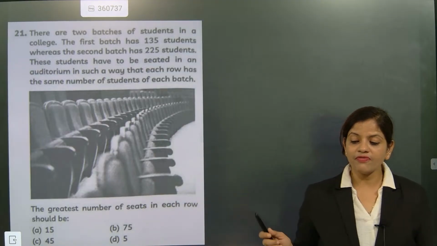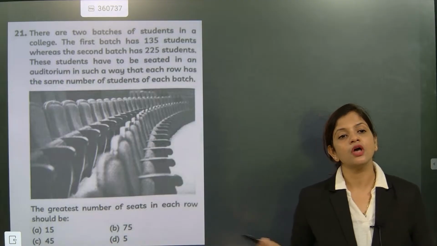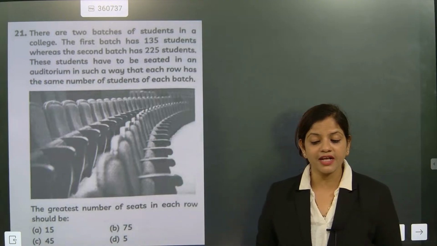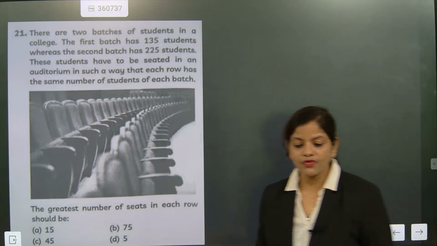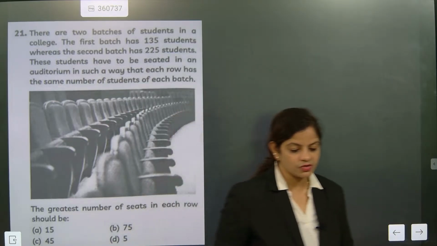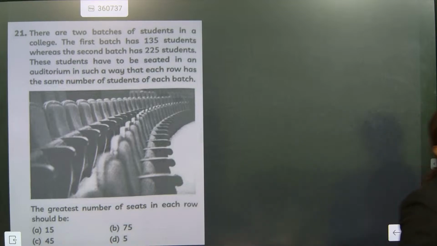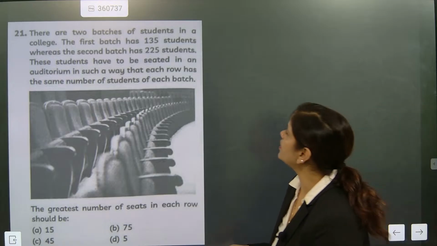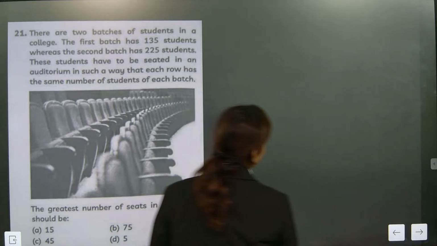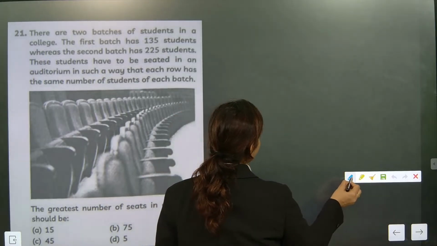Not least common multiple, but highest common factor, because once a person is seated in one place, no one else can take that place. You have to understand that. So the highest common factor will be coming here. We take the HCF of 135 and 225.